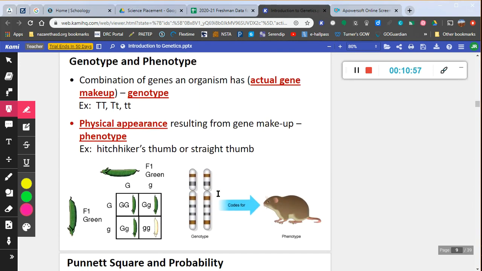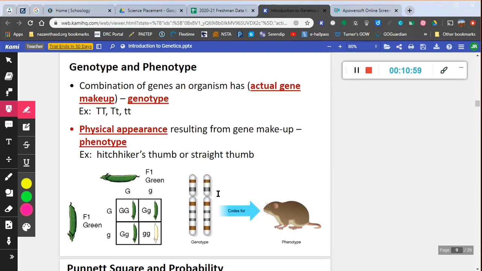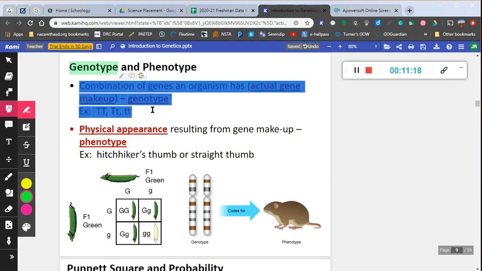Add another layer of terminology. The homozygous dominant, homozygous recessive, and heterozygous terminology are what we consider an organism's genotype. So here's genotype. A genotype is the actual combination of genes or the actual combination of alleles that an organism has.